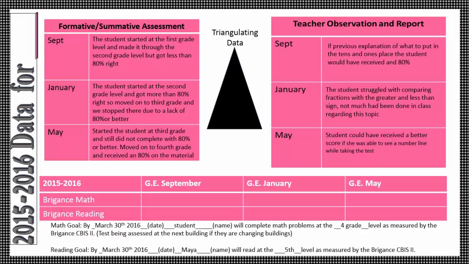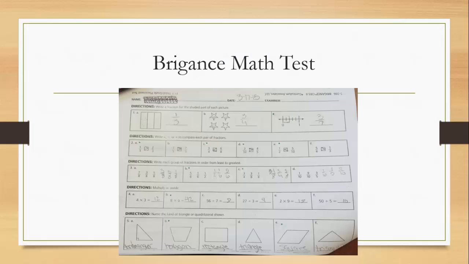Because this child only scored up to 4th grade and didn't pass the 4th grade, lessons will be individualized for her based off of what is on the Brigance math test, which is things like getting fractions from a set of groups, or using the greater than or less than symbols, and ordering fractions from greatest to least.